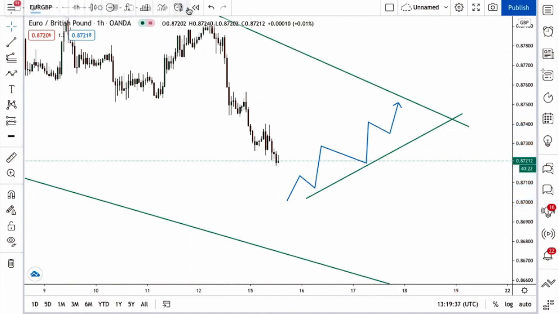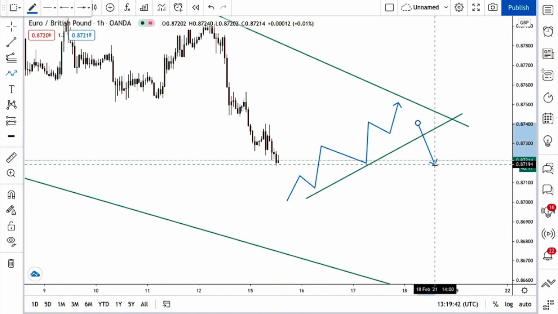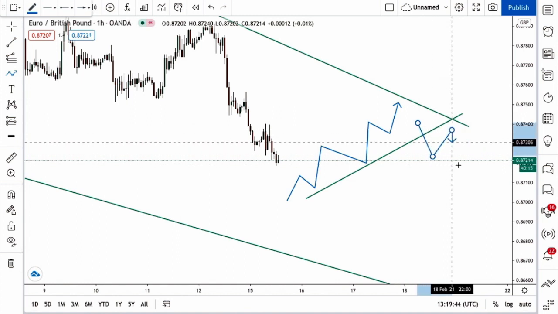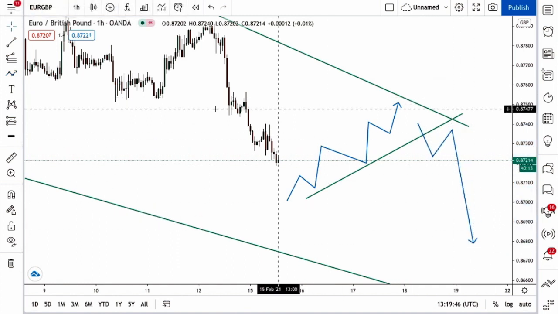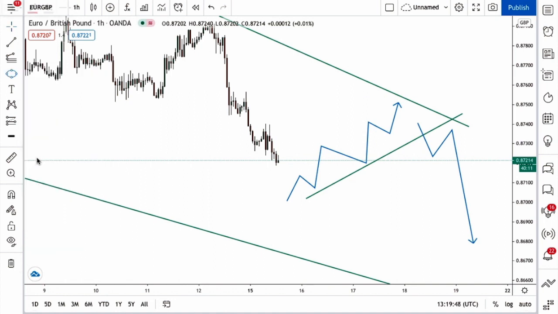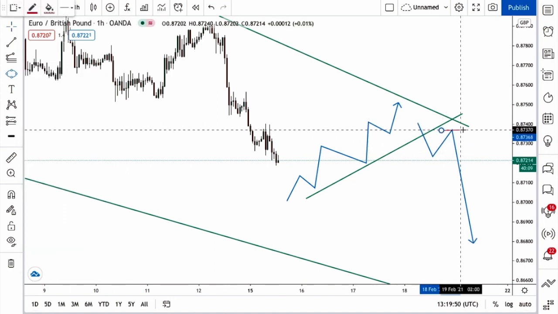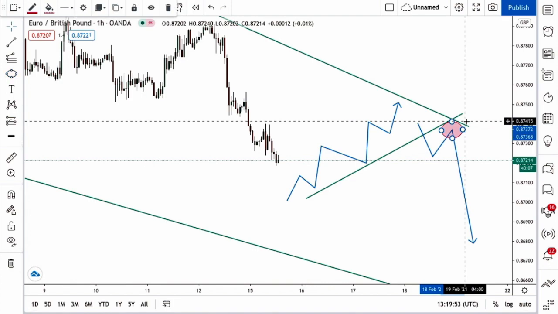Sorry about that. And then we will anticipate for a breakout, pullback, and then a continuation. And at the pullback, that's where we'll be looking to take our sell.